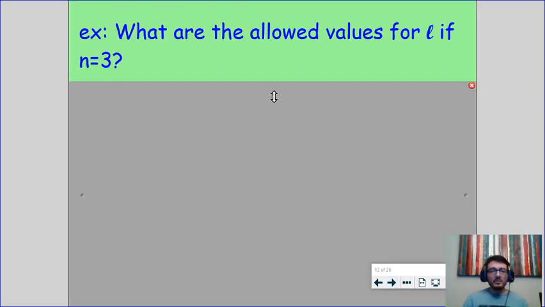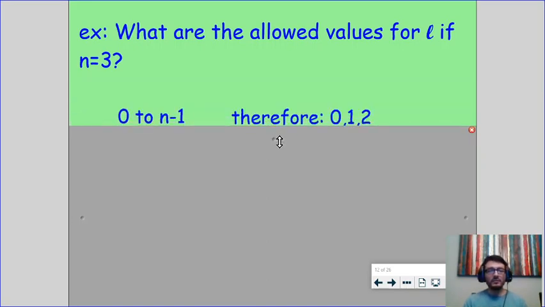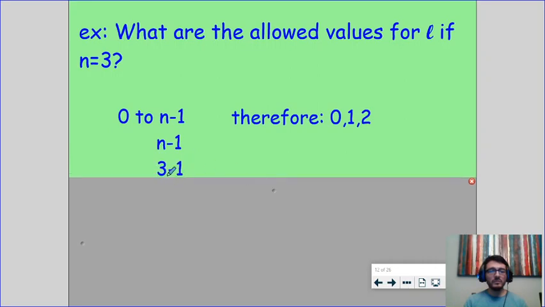Okay, some examples. What are the allowed values for L, that's your secondary quantum number, if n is equal to 3? Remember, here are the answers, but let's just focus on the left here. If the range for L is 0 to n minus 1, that means it has to range from 0 to 3 minus 1, because our principal quantum number is 3, which means 3 minus 1 is 2.